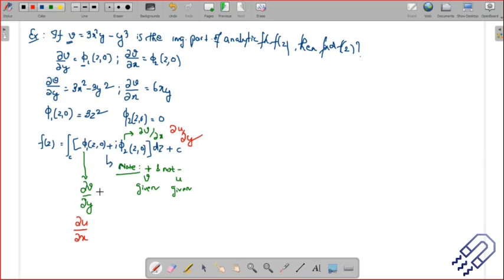I think this makes it clear. Please make sure this is u given, and this is v given. You can just remember it in one go. If you mix them up, you are going to get a different answer than what you are expecting. So please don't make that mistake. This is important; you have to remember it so that you are not confused.